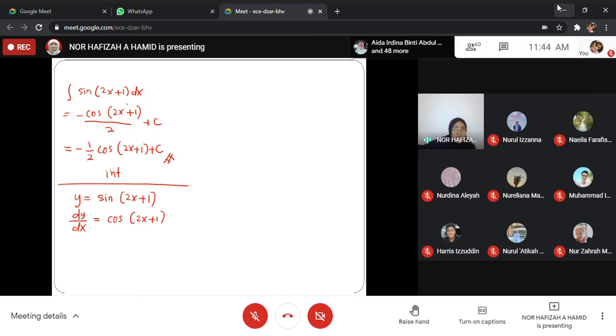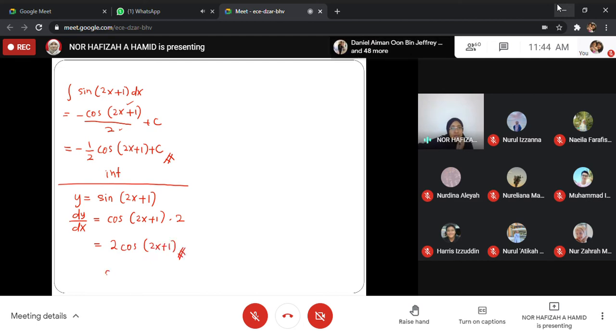You kena copy balik angle dia. So you akan dapat cos 2x plus 1. Lepas tu sama juga, you can differentiate 2x plus 1 dapat 2. Kalau integration 2 tu you letak pada denominator, you kena divide. Tapi kalau differentiation 2 tu you need to multiply by 2. Okay, so nanti answer dia is 2 cos 2x plus 1.